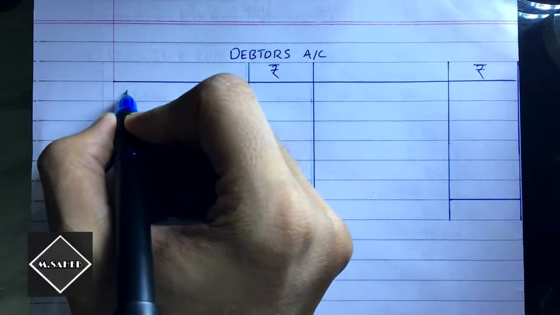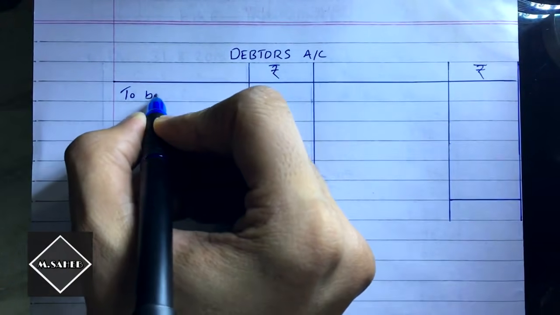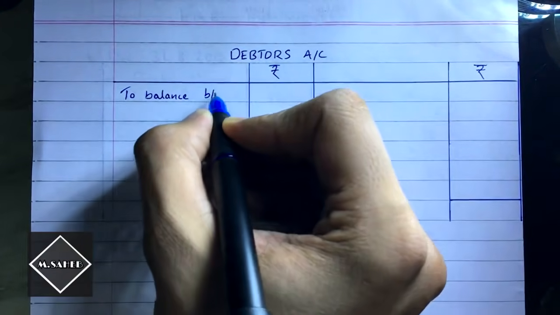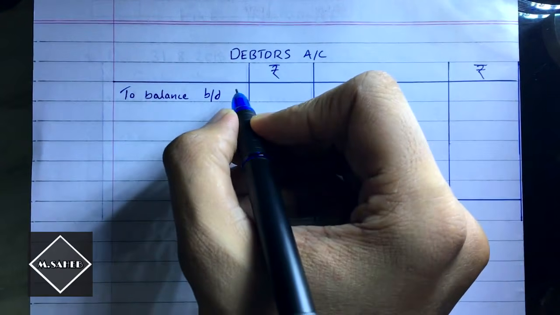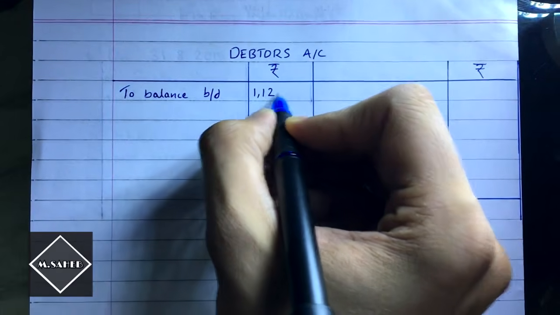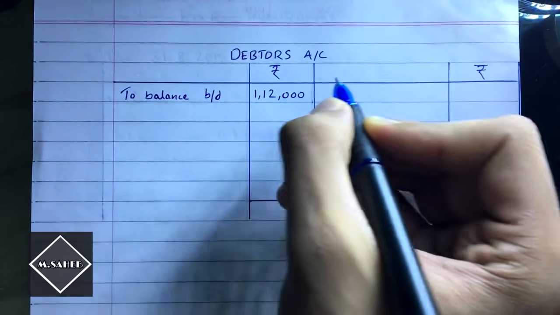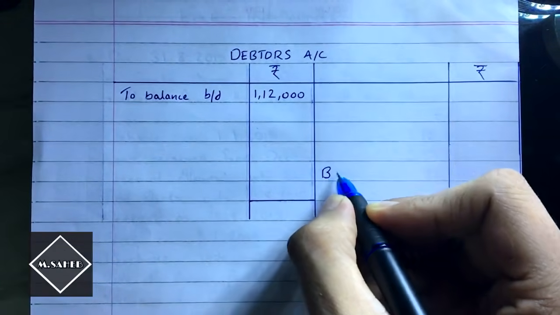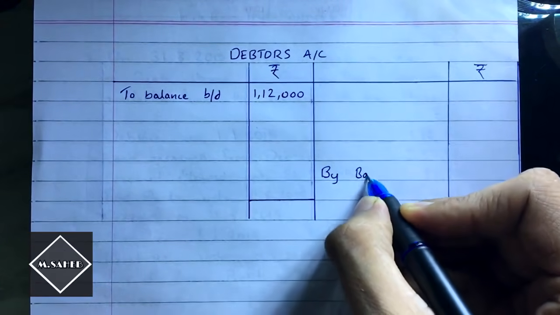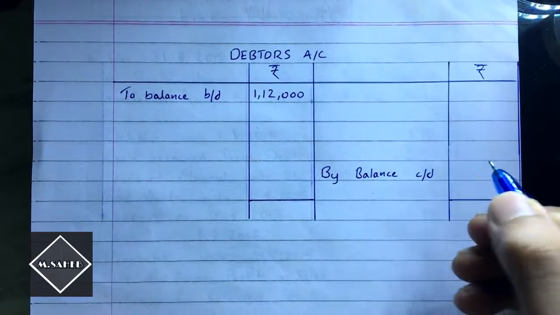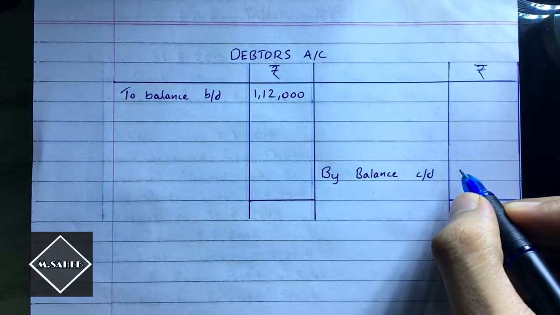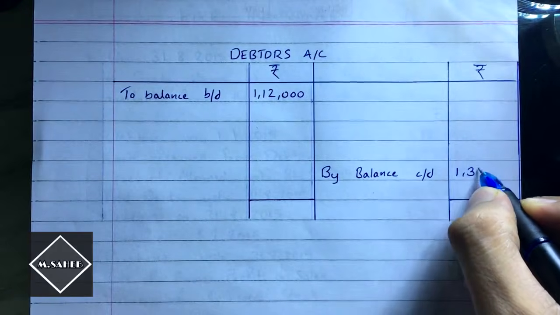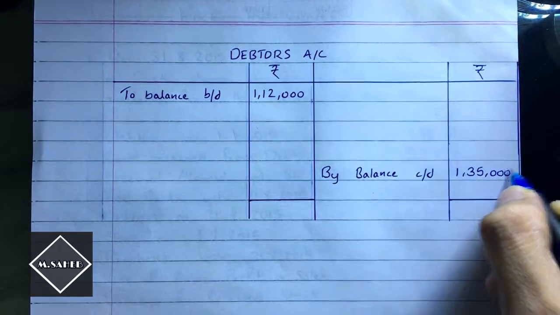First we'll take to balance B/D, that is the opening balance which is given in the question, and it is equal to 1,12,000. And then we'll take the closing balance as by balance C/D, which is also given in the question, equal to 1,35,000.